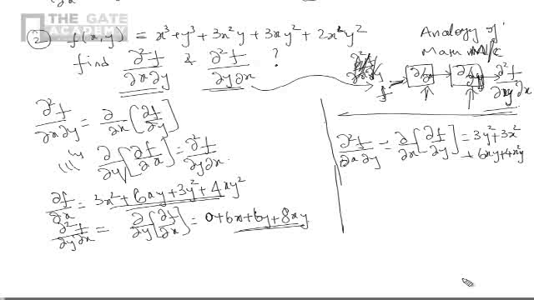Now we have to differentiate these terms with respect to x again. 3y² will give me 0 because I am doing a partial derivative and I consider only change in x. 3x² will give me 6x, 6xy will give me 6y, and 4x²y will give me 8xy. We observe that we are getting the same answer.